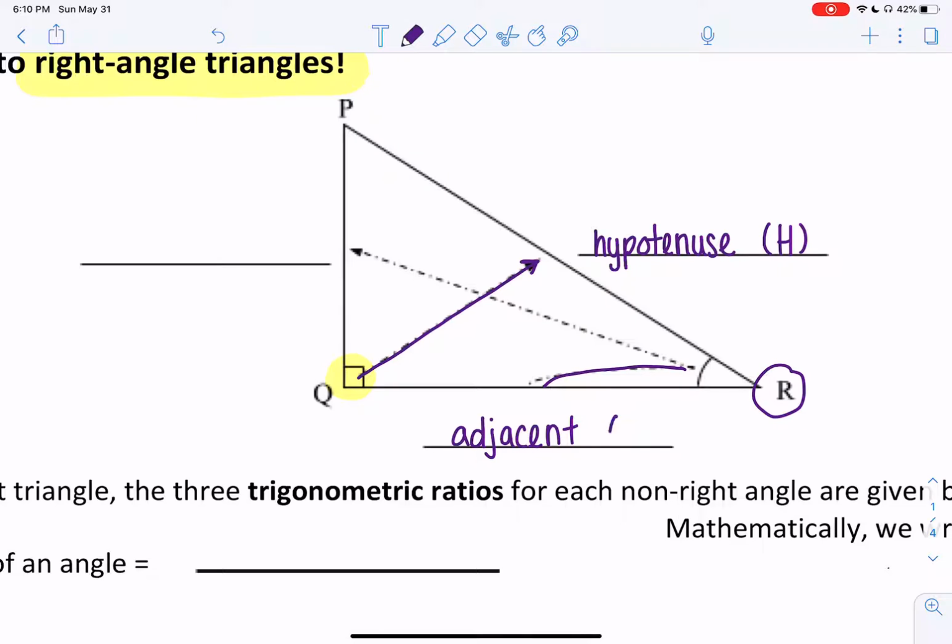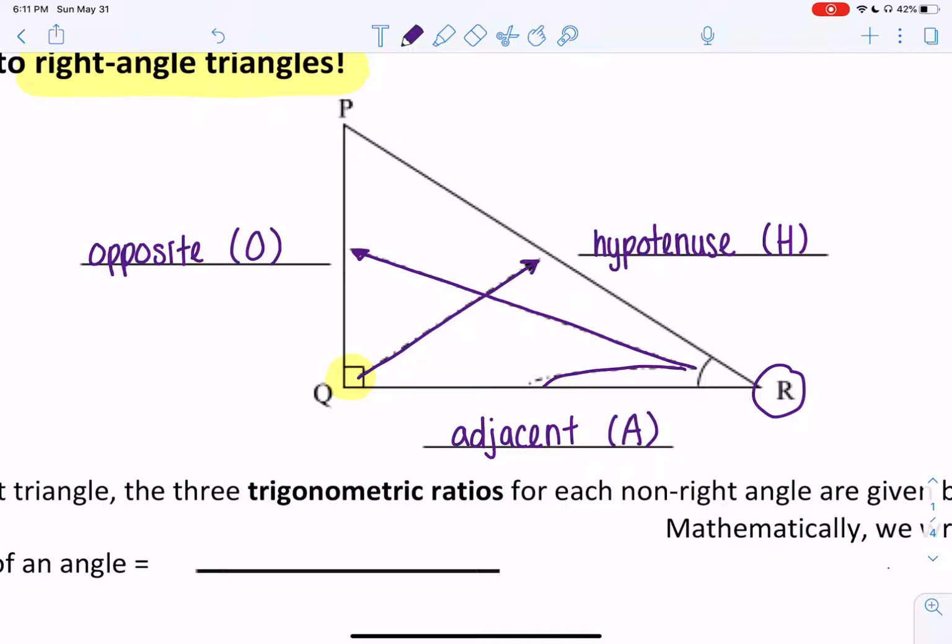And we'll be noting adjacent with an A. Our last side over here is directly across or opposite from the angle we're either given or we're looking for. This is referred to as our opposite side, and we'll be denoting that by an O. We're going to go through and practice with these so you get used to labeling them.